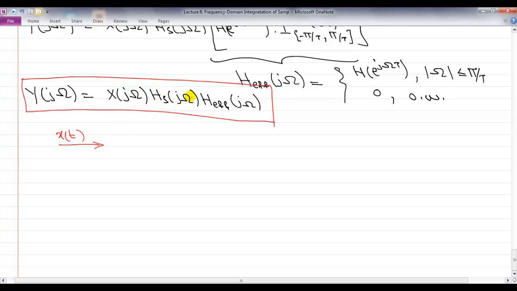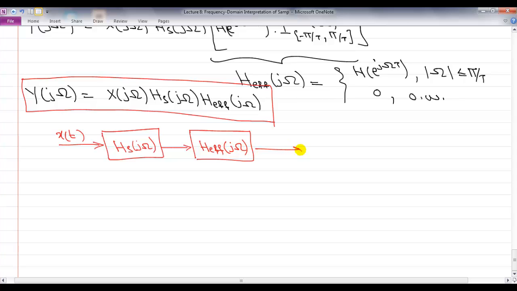We filter it with a frequency response Hs, which of course we were doing before. But after that, there is another frequency response, which is called H effective of j omega, and we get back y(t).